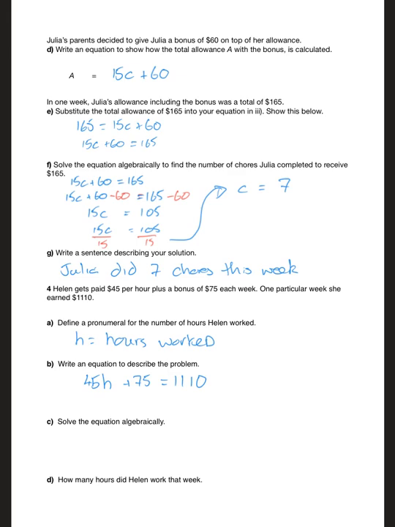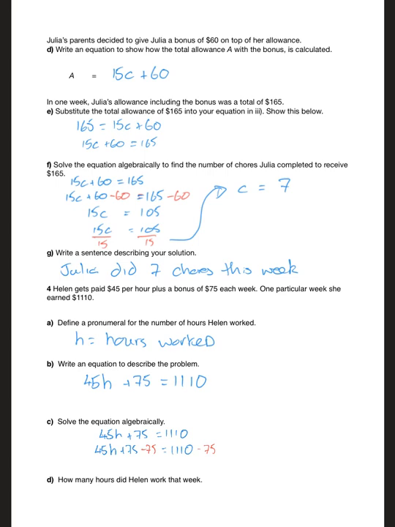So we have 45H plus 75 equals 1110. Let's undo the plus 75 first. So we have 45H plus 75, then we need to minus 75 is equal to 1110, also minus 75.